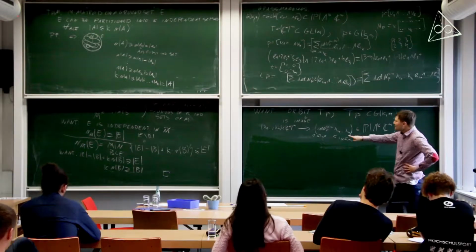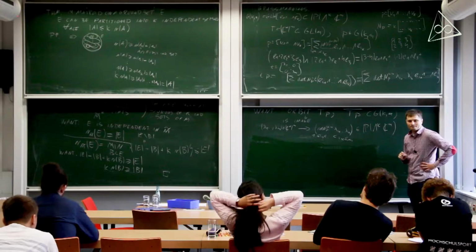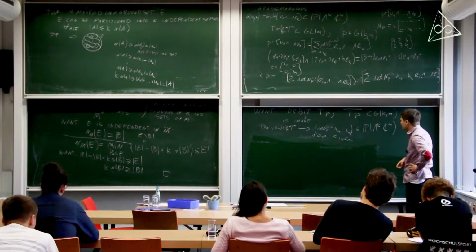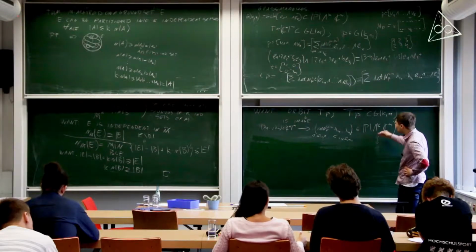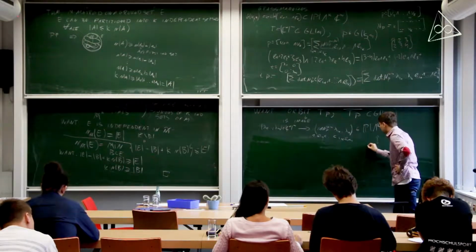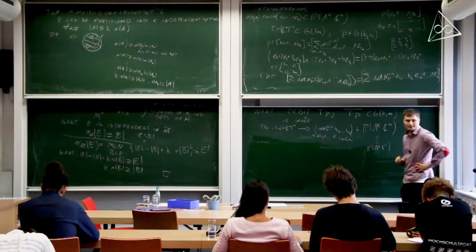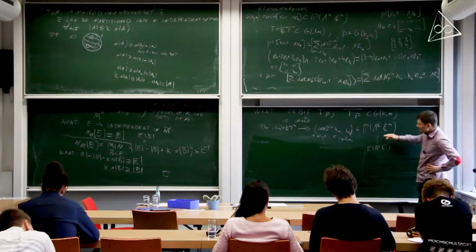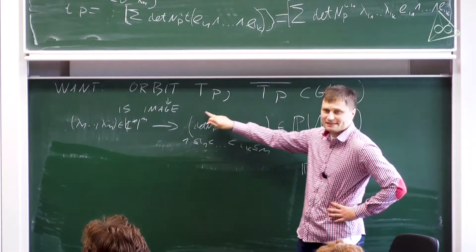Okay, so let's think, is it really a problem that I have this determinant? Well, it seems it's not a big problem because I can define a linear diagonal automorphism of the projective spaces. Yeah? A linear automorphism that just scales a basis vector.